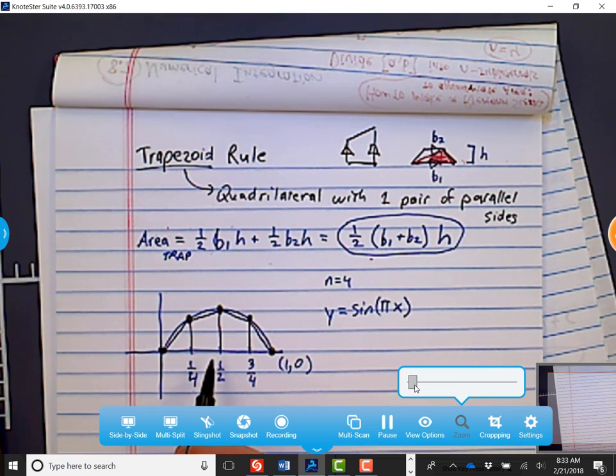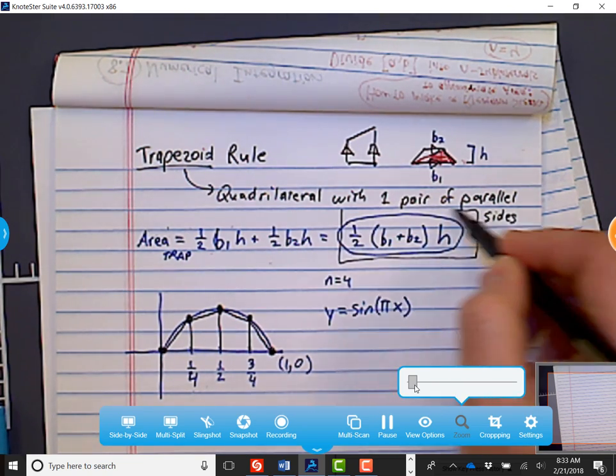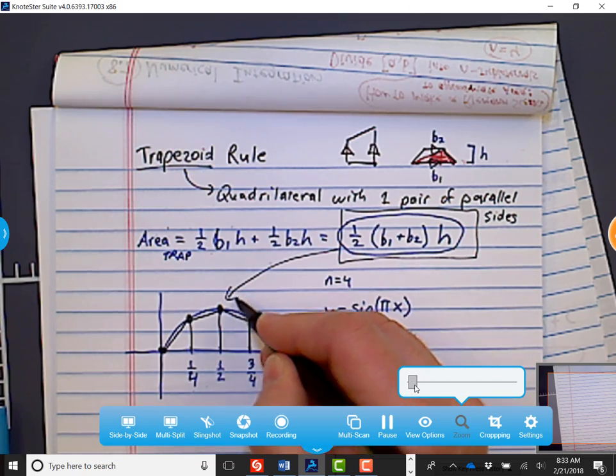Well, actually, this is a strange example because I actually have a couple of triangles also, which is kind of weird. Okay? But the idea is use this formula over and over again in that picture.